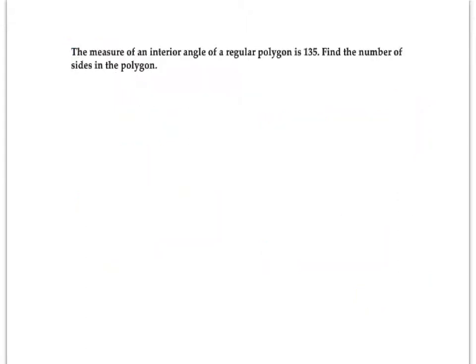Okay, in this problem right here, we're going to do some more algebra. The measure of an interior angle of a regular polygon is 135 degrees. Find the number of sides in the polygon. So we're going to solve for n. I know that the sum of the interior angles is equal to 180 times (n minus 2).